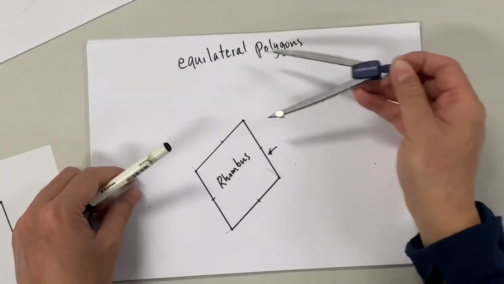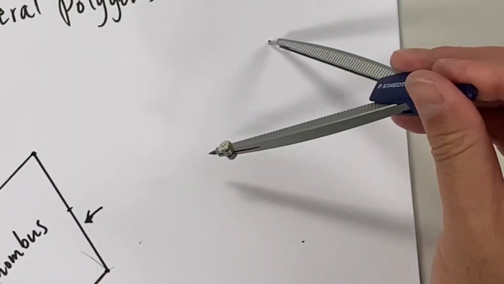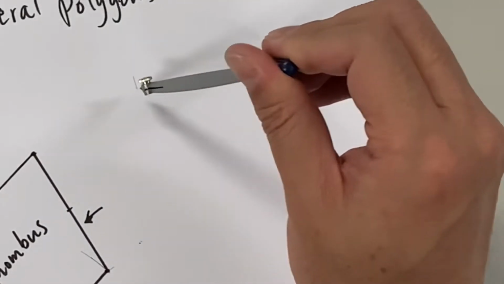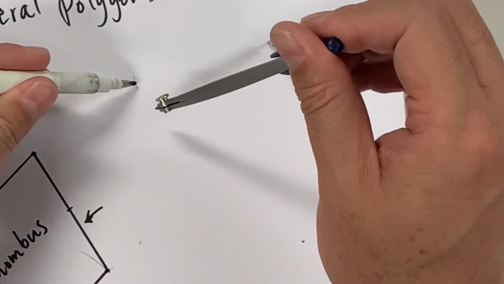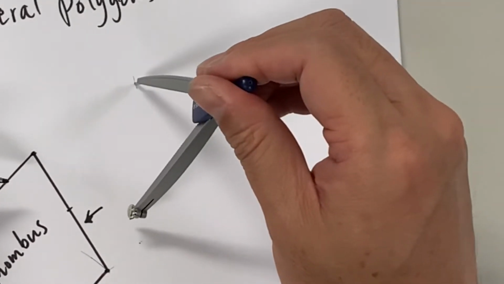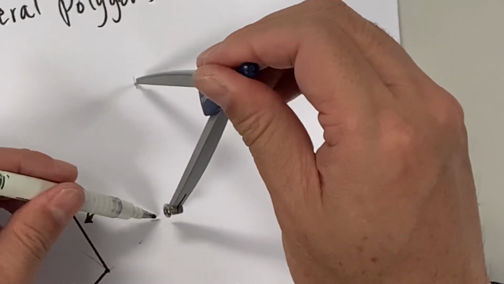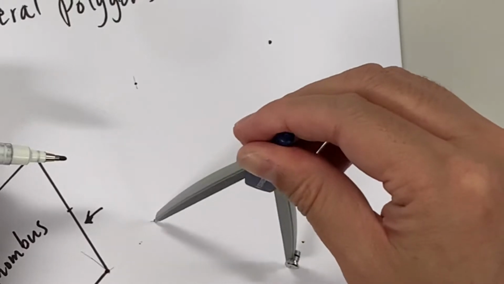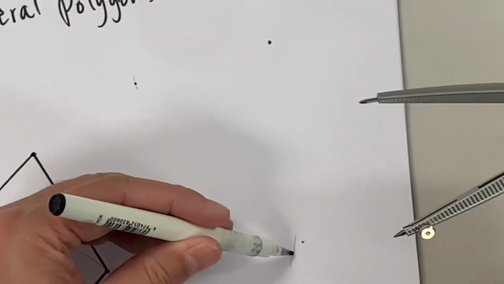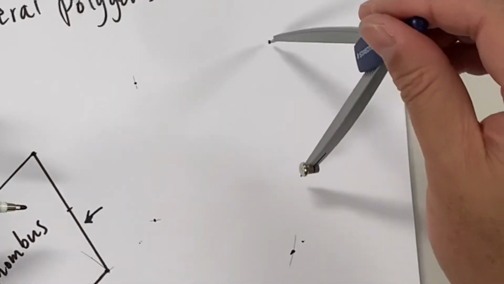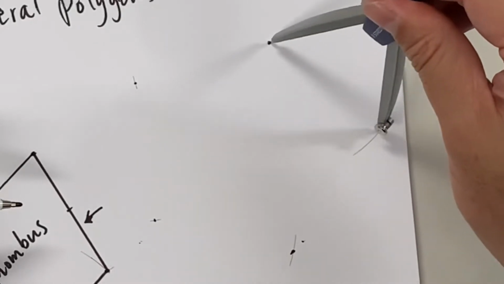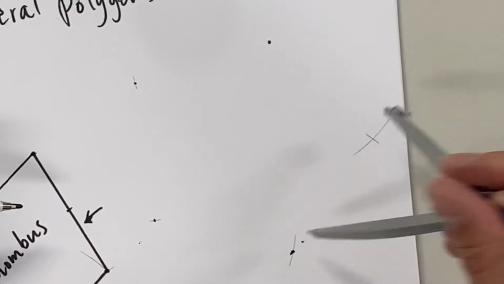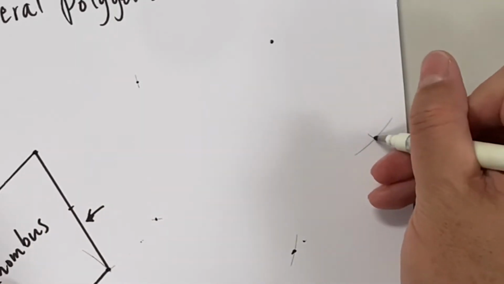So equilateral pentagon means every single side of the pentagon has the same length. So let's try. This is my third corner, number 4, maybe up here. Then I have to find somewhere these two sides will meet and be equidistant away.